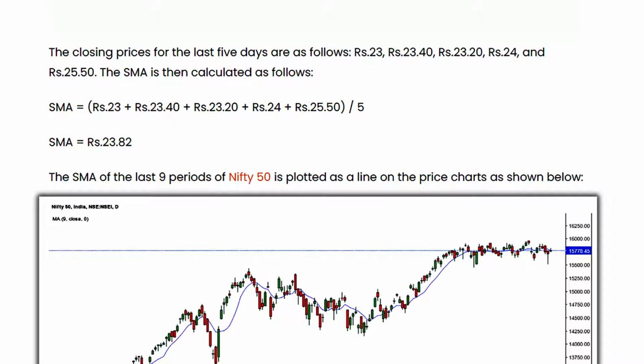SMA equals 23 plus 23.40 plus 23.20 plus 24 plus 25.50, divided by 5. SMA equals 23.82 rupees. The SMA of the last 9 periods of Nifty 50 is plotted as a line on the price charts as shown below.